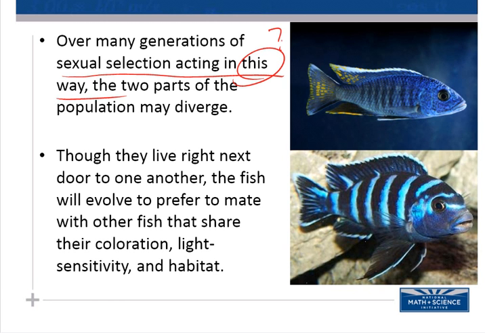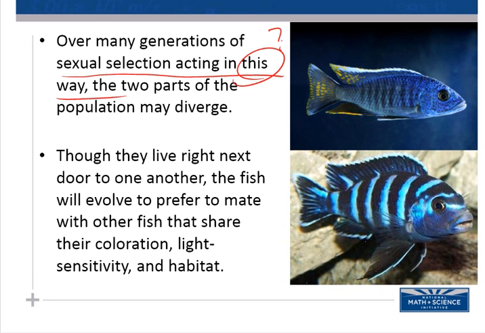And we know that the coloration is really what's happening here because in a really interesting experiment, some scientists took these fish of varying colors. They had females that they knew would normally choose red mates, females that would normally choose blue mates, put them in different aquaria with different colored fish, and it worked every time. The females that liked red males would only mate with red males, even when blue males were around.